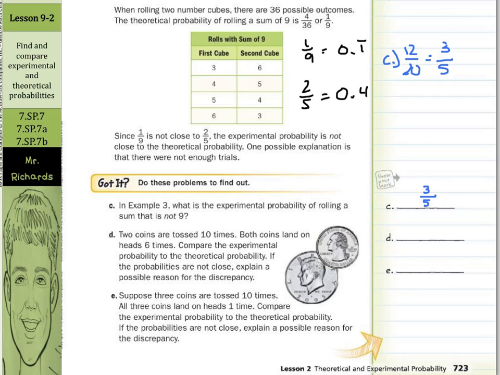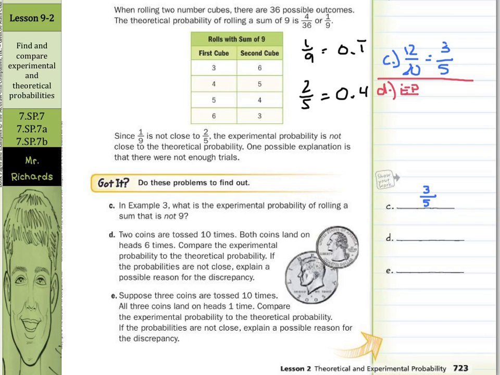Example D. 2 coins are tossed 10 times. Both coins land on heads 6 times. Compare the experimental probability to the theoretical probability. If the probabilities are not close, explain a possible reason for the discrepancy. Well, let's look into the experimental probability first, and I'll just abbreviate that as EP.